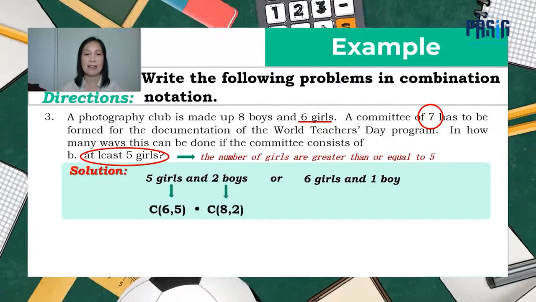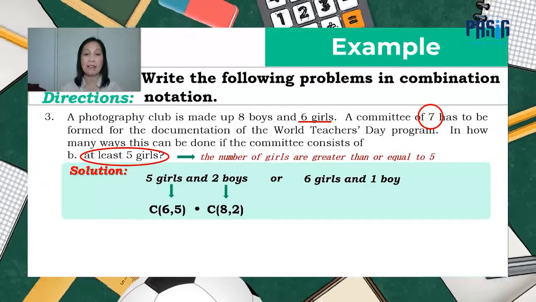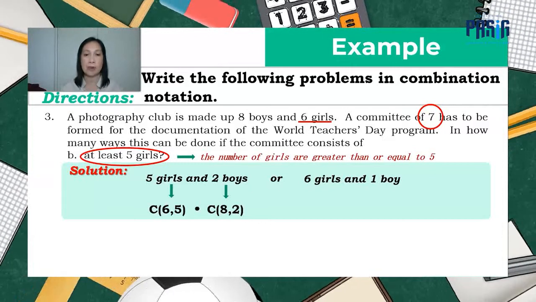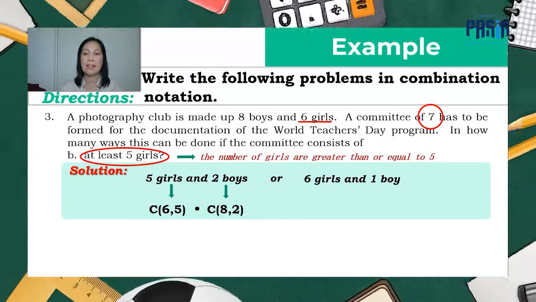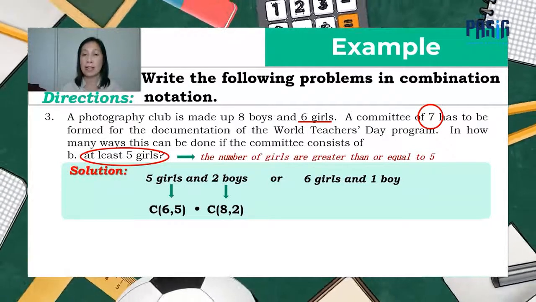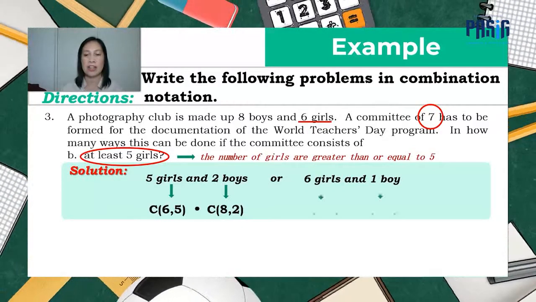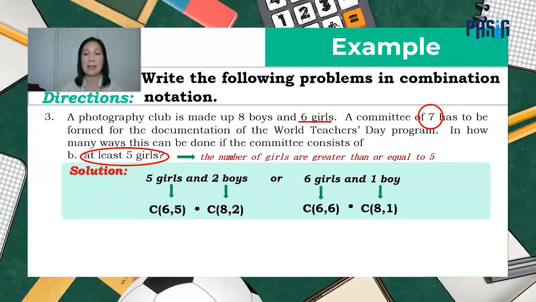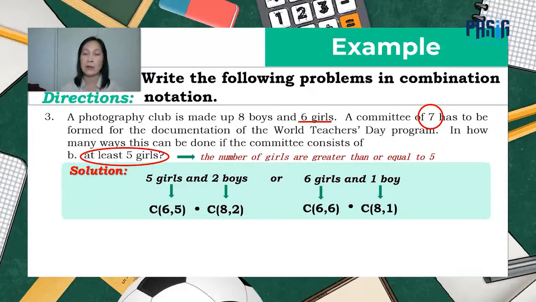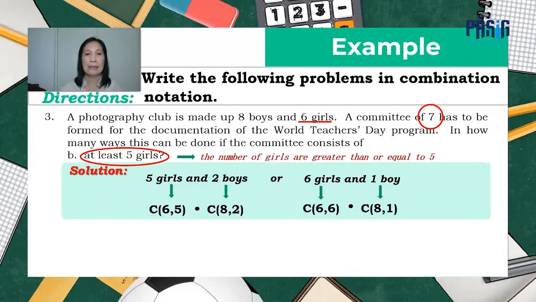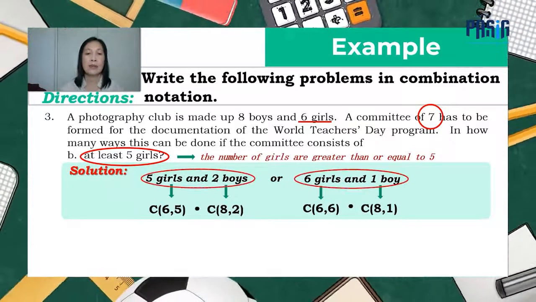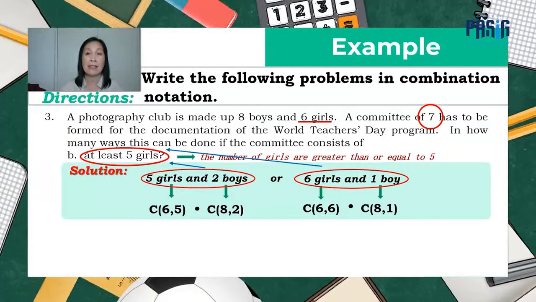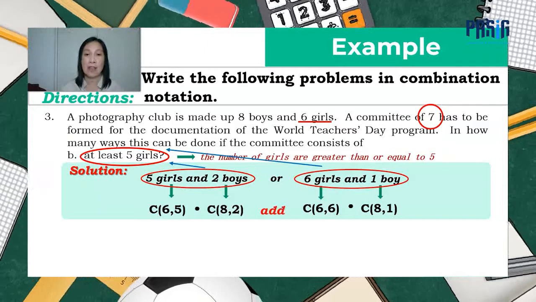So it can be written as the combination of 6 taken 5 at a time times the combination of 8 taken 2 at a time. While 6 girls and 1 boy can be written in combination notation as the combination of 6 taken 6 at a time times the combination of 8 taken 1 at a time. Since either of these 2 ways can satisfy the condition, the number of ways is the sum of these 2 events.